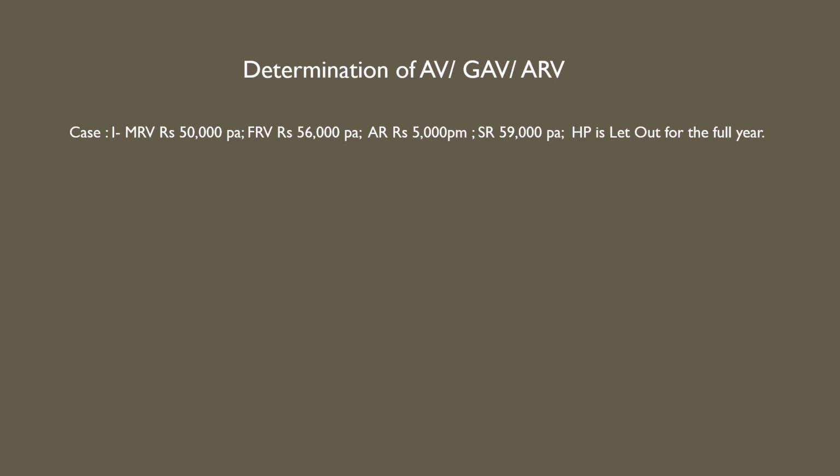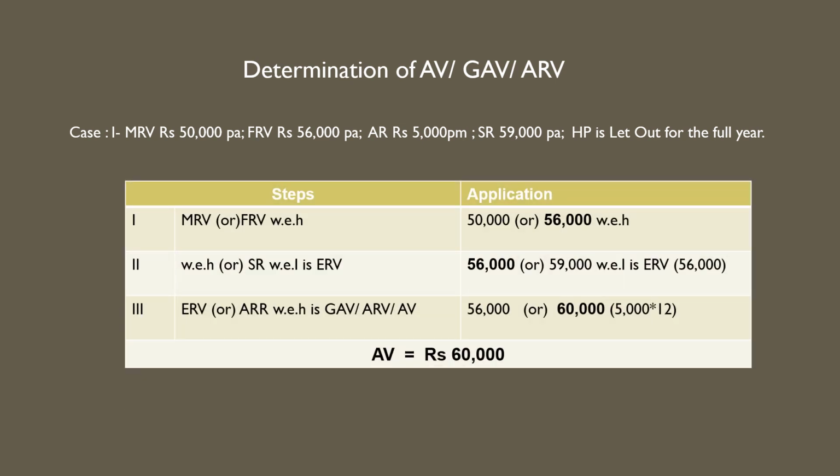Case 1. MRV 50,000 per annum, FRV 56,000 per annum, AR 5,000 per month, SR 59,000 per annum, and the house is let out for the full year. The steps include MRV or FRV, whichever is higher.